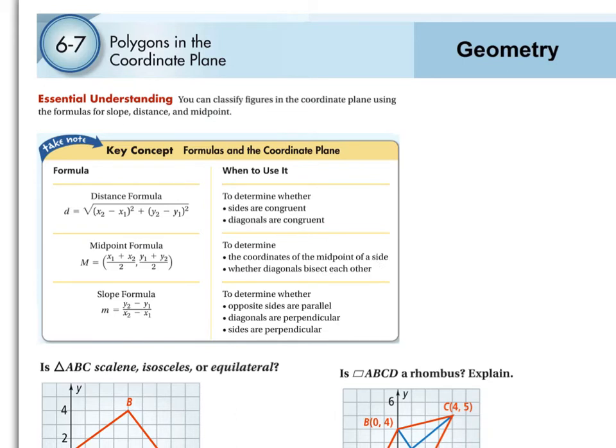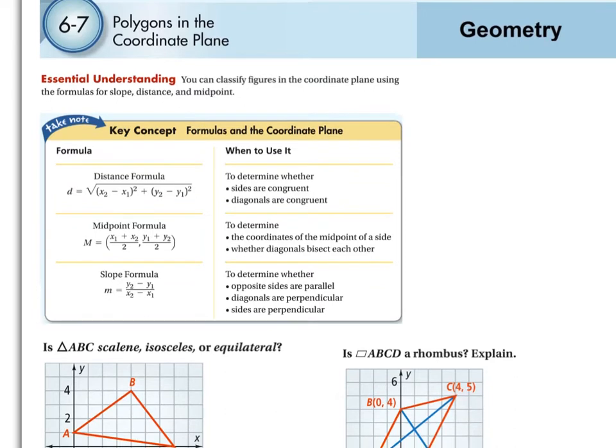Most of the time you'll use it to show that the diagonals bisect each other. And then you're going to use the slope formula to show that opposite sides are parallel, diagonals are perpendicular, and sides are perpendicular.